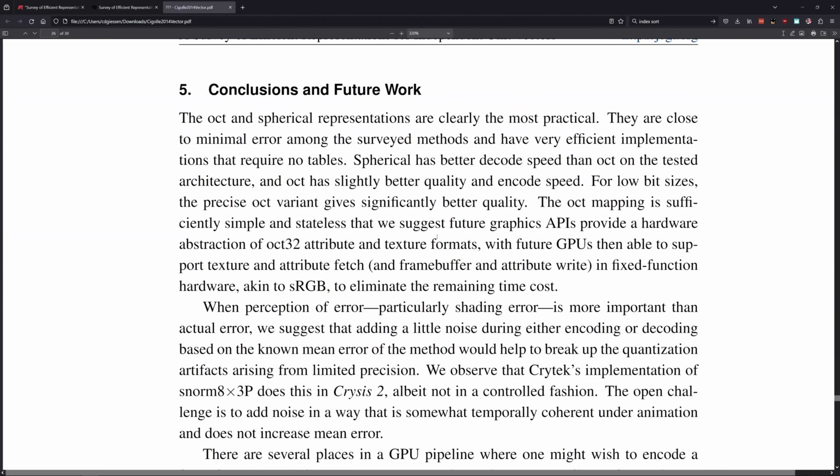Conclusions, finally. Octahedral wins, and so does spherical. Minimal error, efficient implementations, no tables. Lua programmers are distraught.